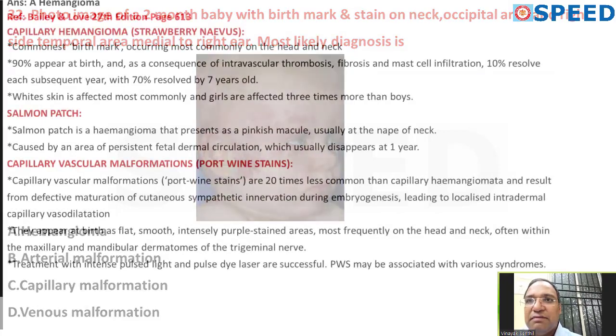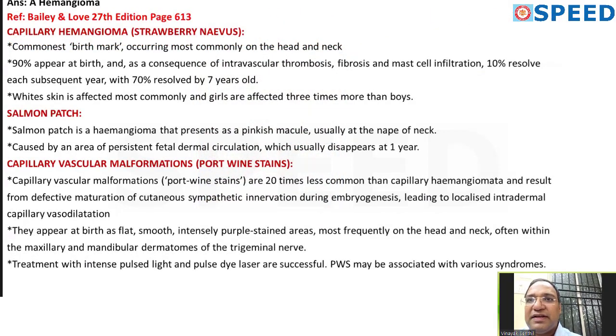Next slide. Bailey, page number 613. Capillary hemangioma, strawberry nevus, commonest birthmark occurring most commonly in head and neck. 90% appears at birth. As a consequence of intravascular thrombosis, fibrosis and mast cell infiltration, 10% resolve each subsequent year, with 70% resolved by 7 years old.